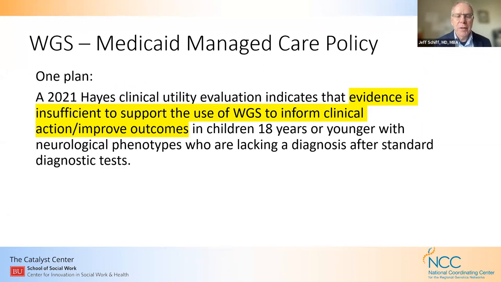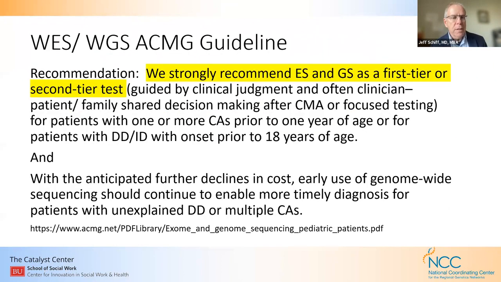And this was specifically in the same children that, on the next slide, the ACMG guideline recommended exome sequencing or genome sequencing as first or second tier. The ACMG guideline goes on to talk directly about costs.